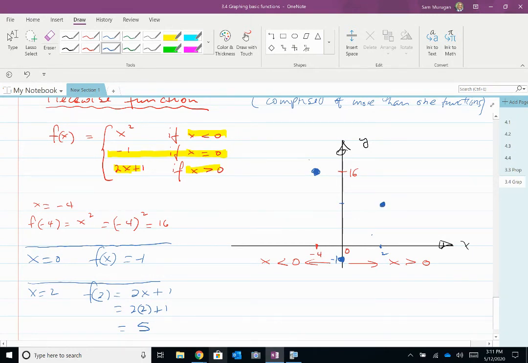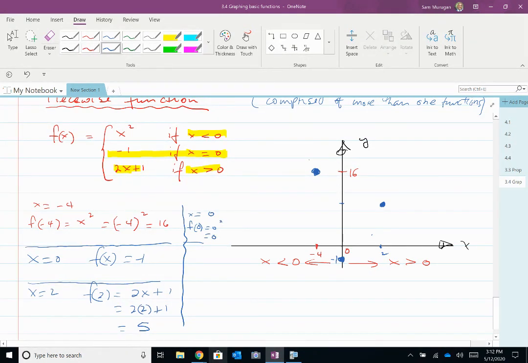Now, I want you to consider a couple of things, right? The first scenario here is that we know that x squared is a part of a parabola, and we want to consider what happens when x is equal to 0 in this case. For the parabola case, if x is equal to 0, f(0) is equal to 0 squared, which is equal to 0.